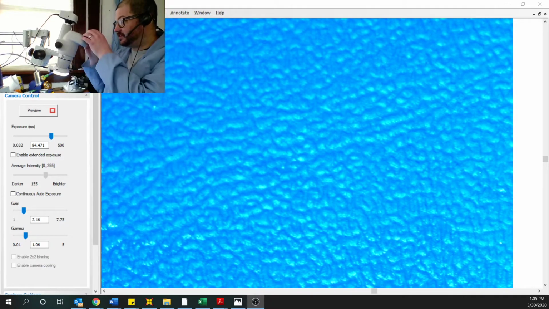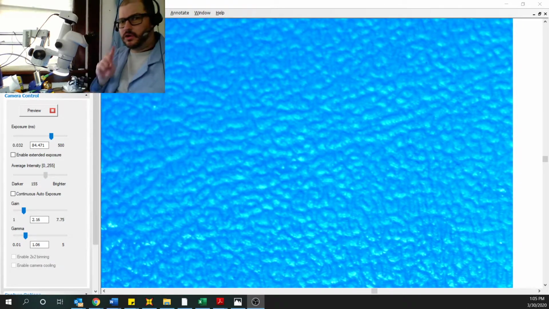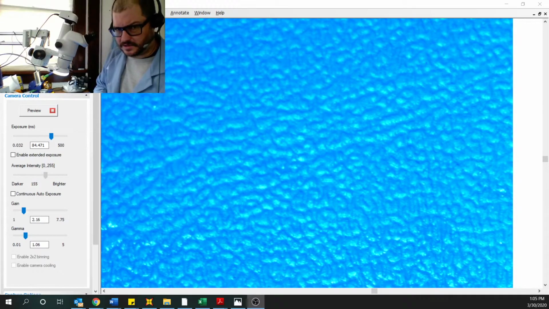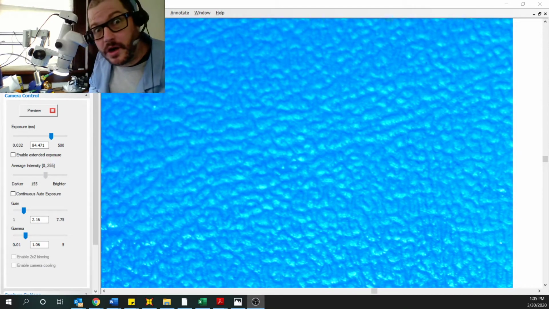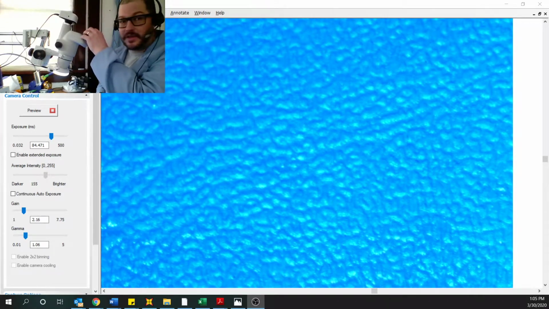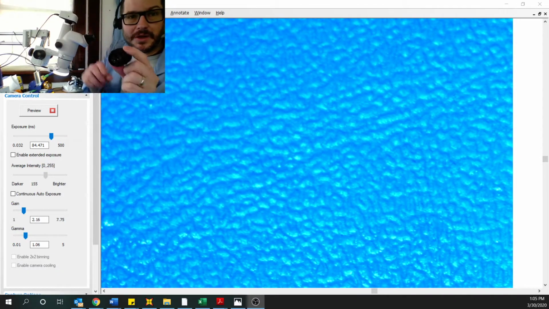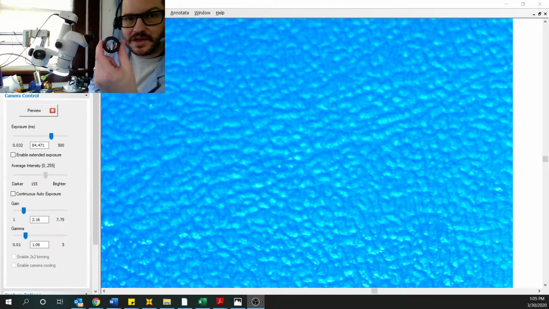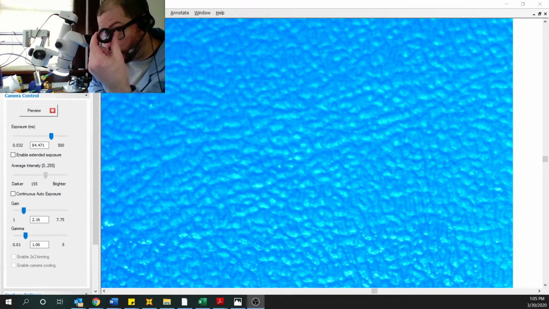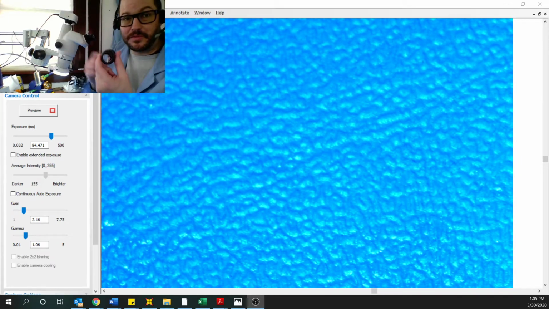Now, the eyepieces on the microscope are scientifically referred to as the ocular lens. Ocular, because that's where we put our eyeballs when we're looking through the microscope. The eyepieces, and this one actually comes out, consist of a small magnification that allows you to get the first level of magnification.